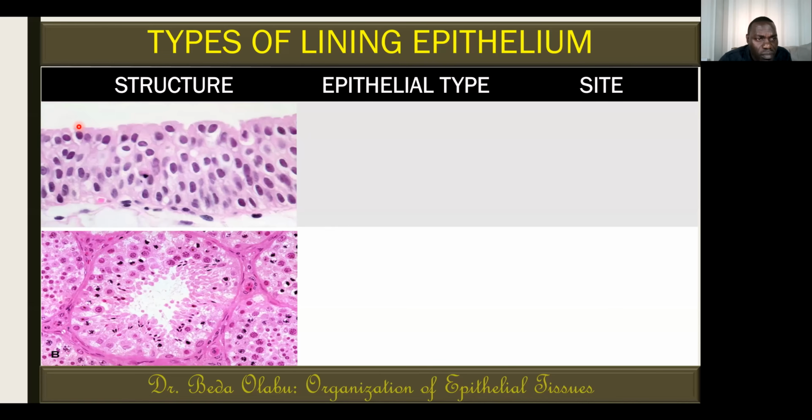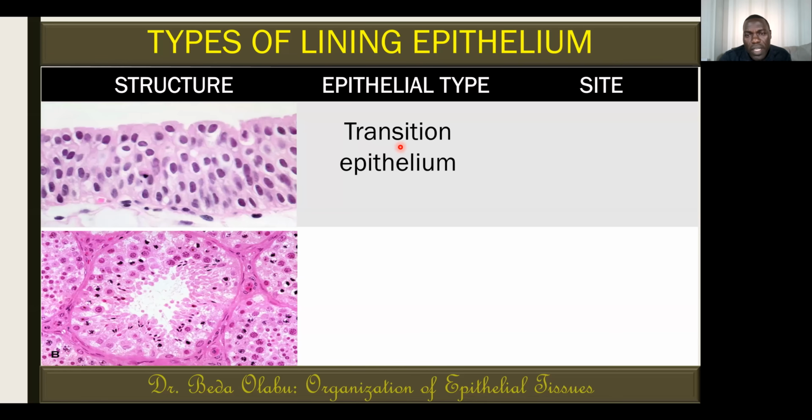Basically, you see some bumps, like in that region there. It's like the cells are popping into the lumen, into the apical zone. When you see that bumpy appearance on the top of the epithelium, it directs you towards a unique type of epithelium that we call the transition epithelium.